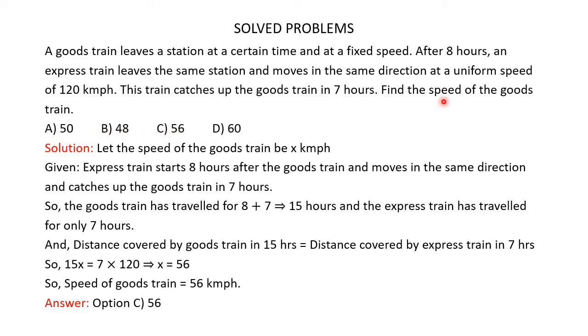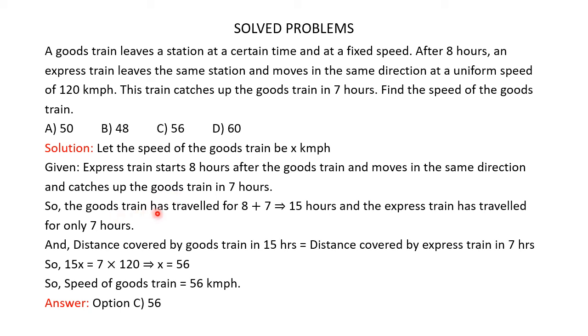So here you are asked to find the speed of the goods train. So let the speed of the goods train be x kilometers per hour. It's given that the express train starts 8 hours after the goods train and moves in the same direction and catches up the goods train in 7 hours.